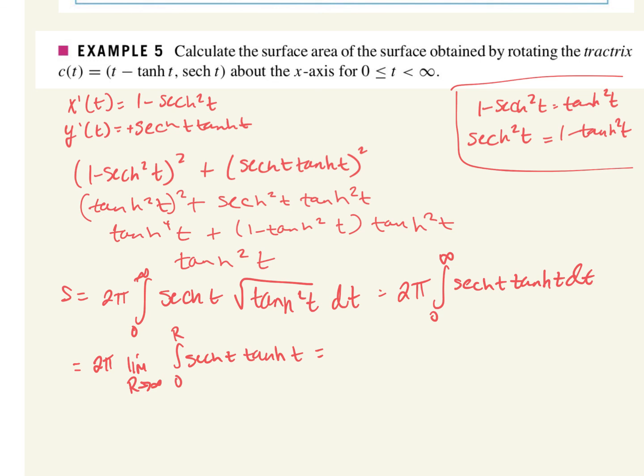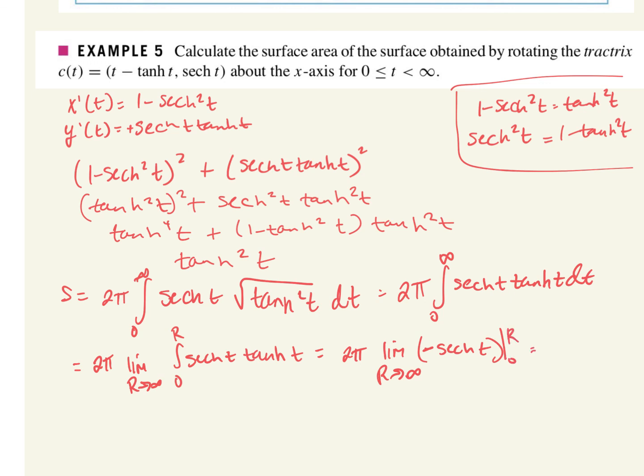It's not a game changer for this example. So before it was probably supposed to be a negative up there. So it returns to 2 pi limit as r goes to infinity. I'll write negative sech t for now, because obviously it's correct. I just don't know the extent to which you need to know that.